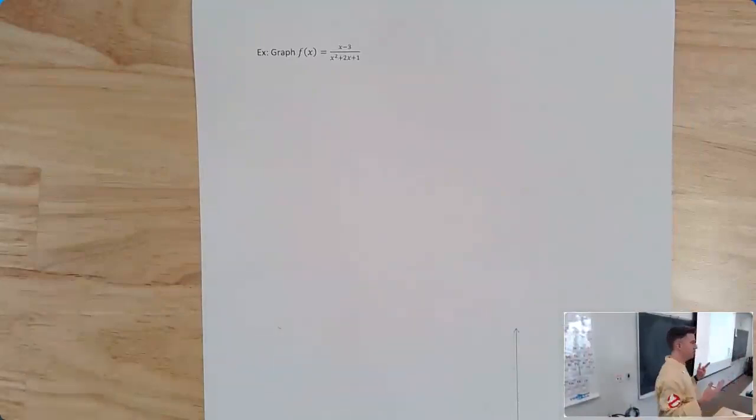Something I would say is that the x things, meaning the x-intercepts and the vertical asymptotes, right? Because the vertical asymptote is an x equals something, are usually easier to get if it's factored. Meaning the top is factored, the bottom factored. Whereas the y things, like the y-intercept and the horizontal asymptote, are usually easier to see if it's not factored. Here's what I mean.